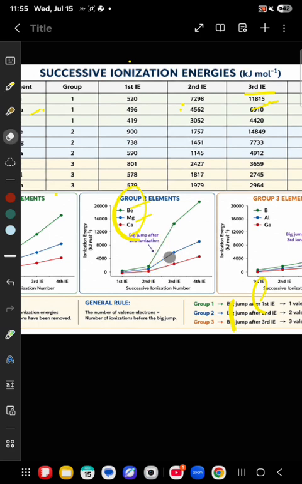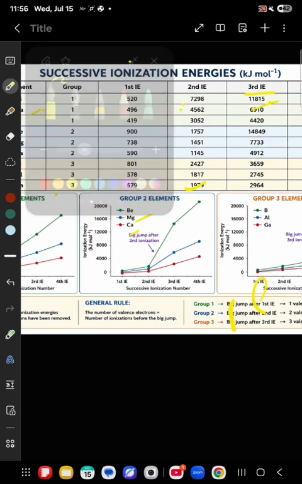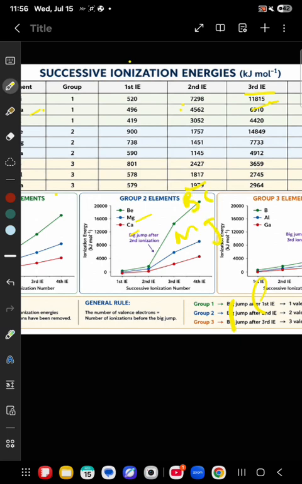Again, if they give you such a graph and ask which graph represents beryllium, magnesium and calcium, this is beryllium because it has the highest ionization energy, then magnesium, and then calcium, because they are in the same group, and down the group ionization energy values decrease.